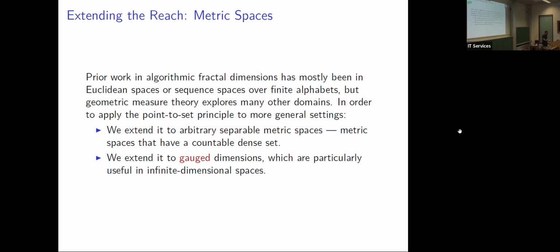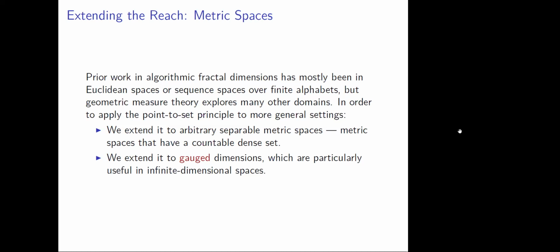So we're going to do two things here. We're going to extend the point-to-set principle to any separable metric space, any metric space that has a countable dense set. And then we're also going to extend it to gauged dimensions, which I'll define in a moment, which you need to use to talk meaningfully about dimension in infinite dimensional spaces, and can also be used to talk more precisely about dimension.